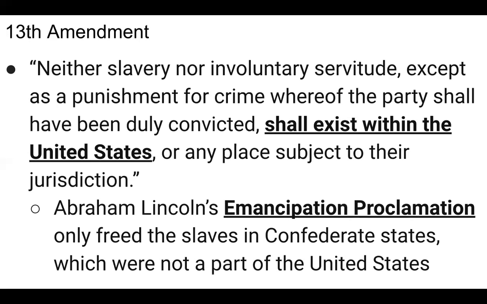So we essentially freed the slaves in another country, which is kind of weird. So the 13th Amendment is going to abolish slavery. The Emancipation Proclamation, it's not like it didn't help, it certainly made the idea more popular, but the 13th Amendment is what I need you to understand freed the slaves.